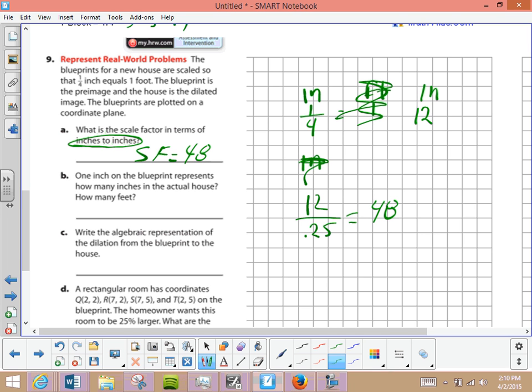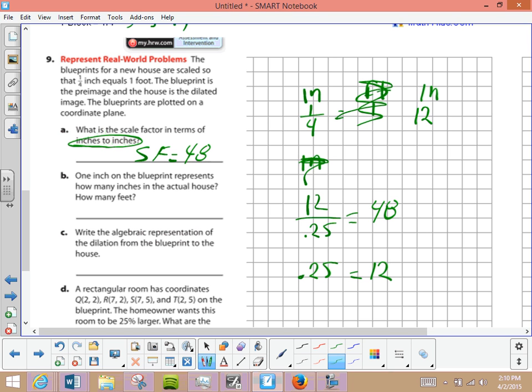Hang on. How many inches in the house? 1/4 of an inch equals how many inches? No, on 12, right? 12.